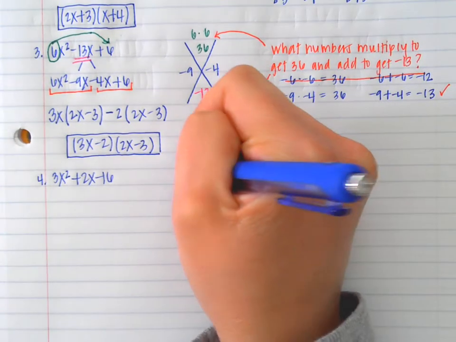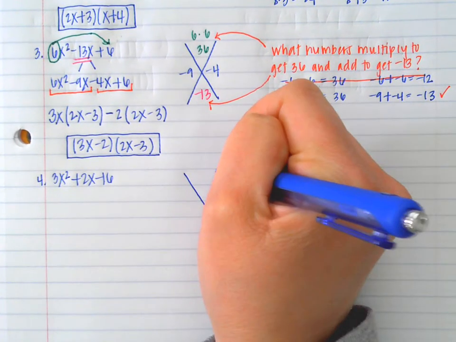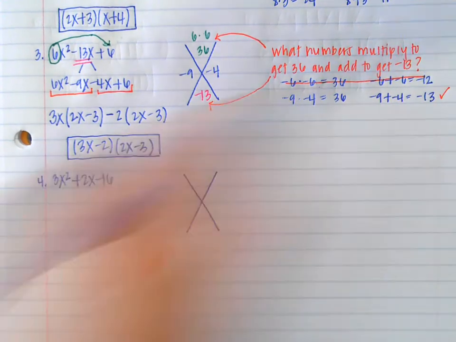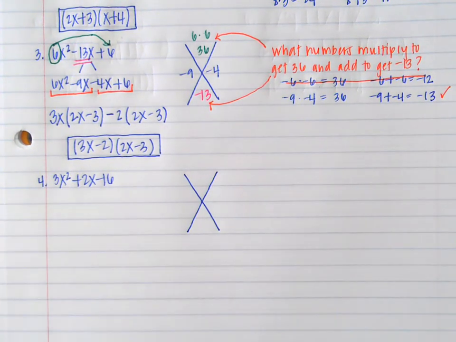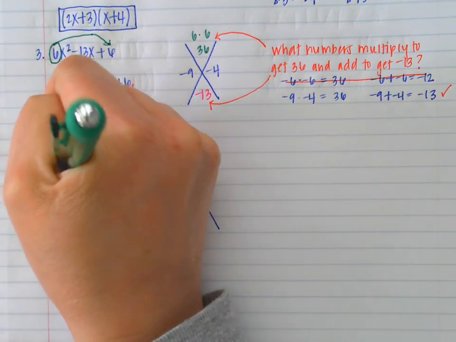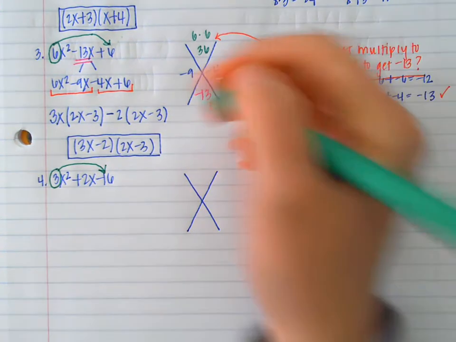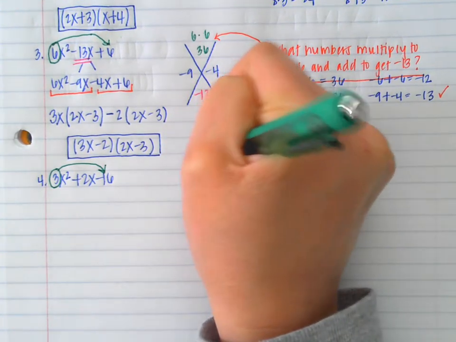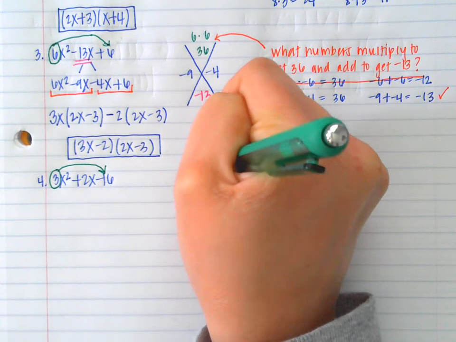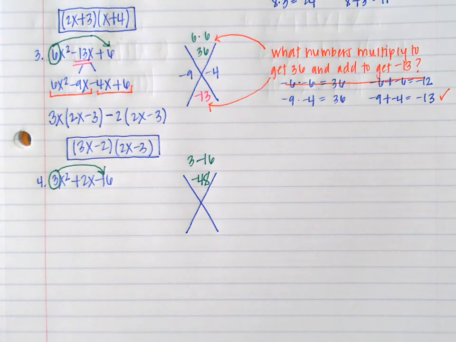So we start off always the same with that big X. Now remember what goes on top? If you're saying A times C, which is 3 times negative 16, then you're right. So 3 times negative 16 gets me negative 48. And then what goes on bottom?